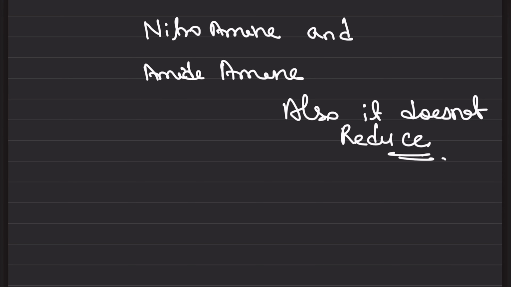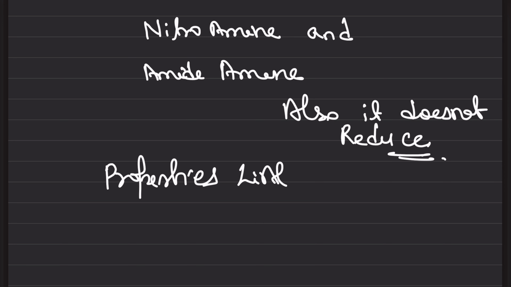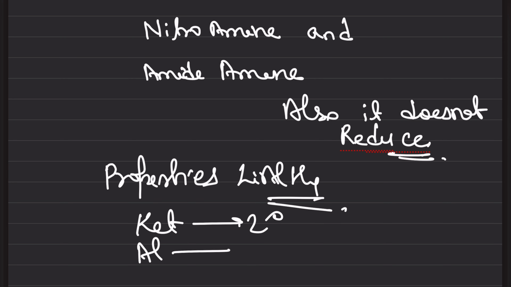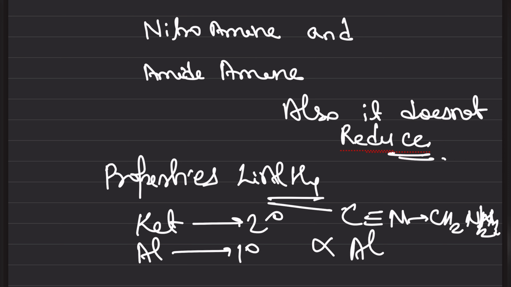So these were the properties of lithium aluminium hydride, or LiAlH4: ketone to 2-degree alcohol, aldehyde to 1-degree alcohol, C triple bond N to CH2NH2, and it does not reduce alkene or nitro and amide.